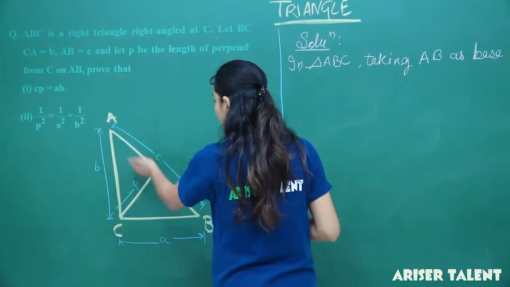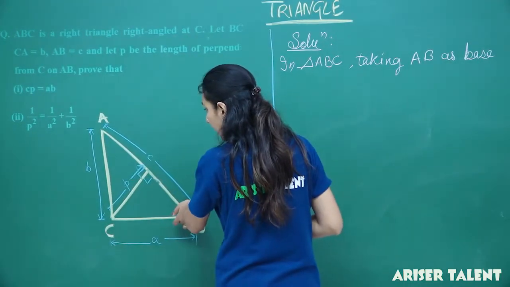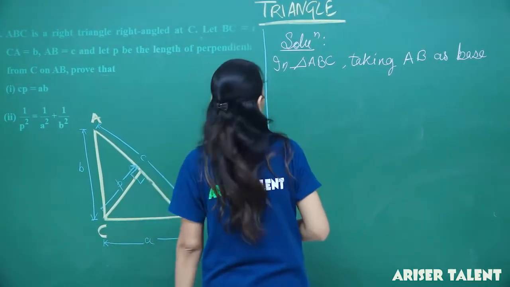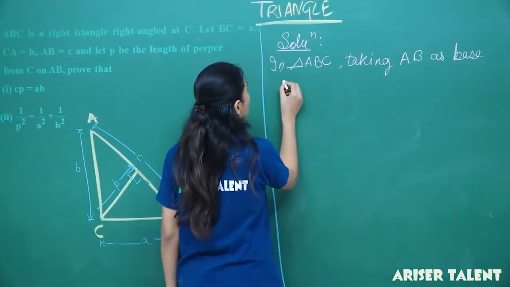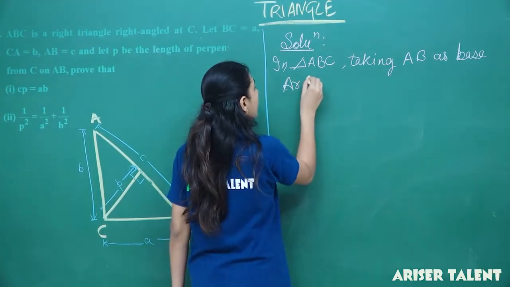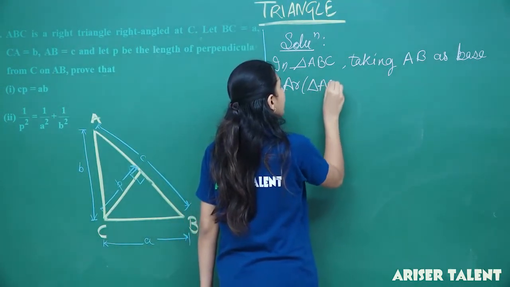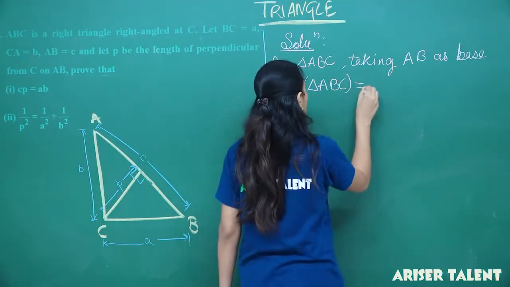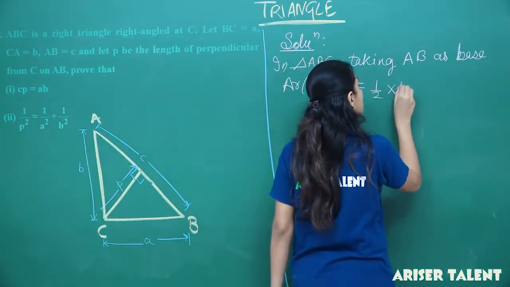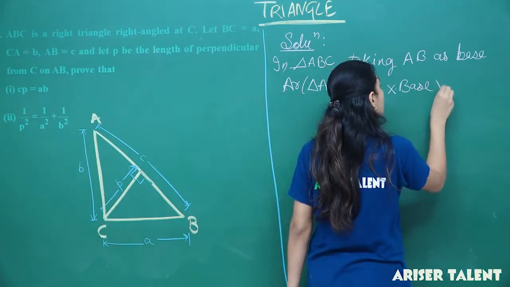So, if I am taking this as base, then this is the height. So, area of triangle ABC equals half multiplied by base multiplied by height, students.